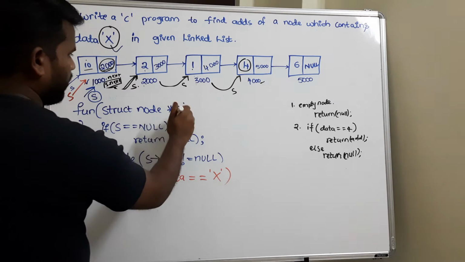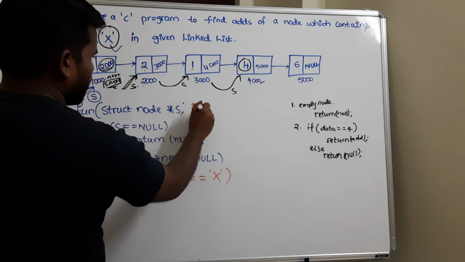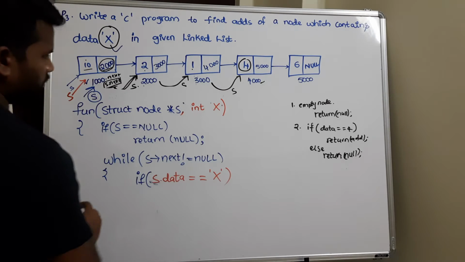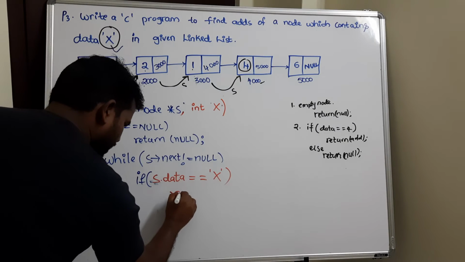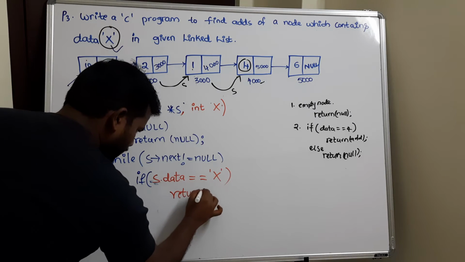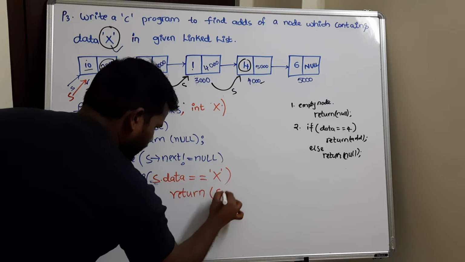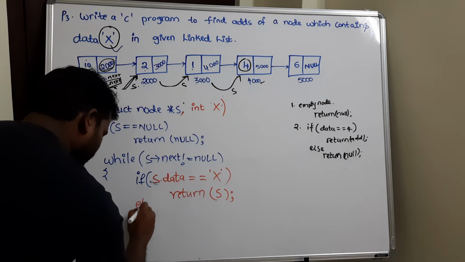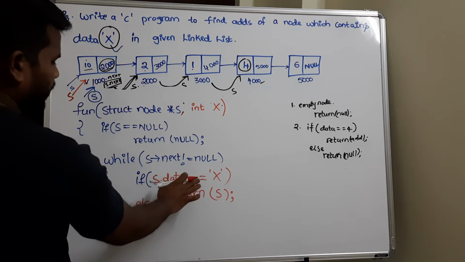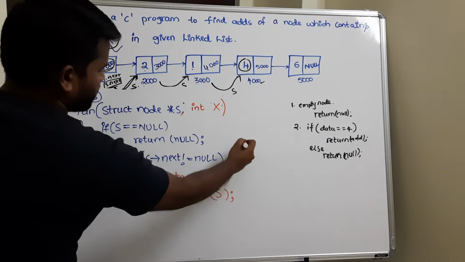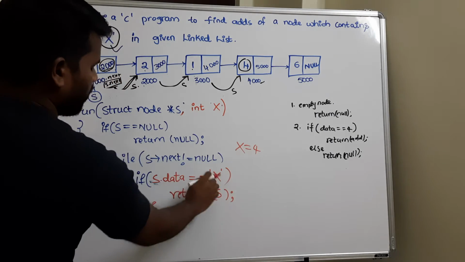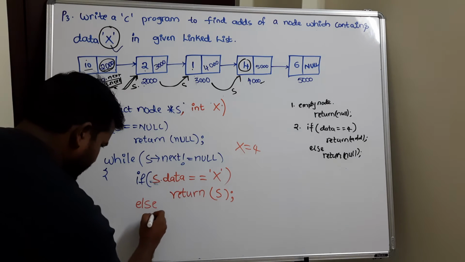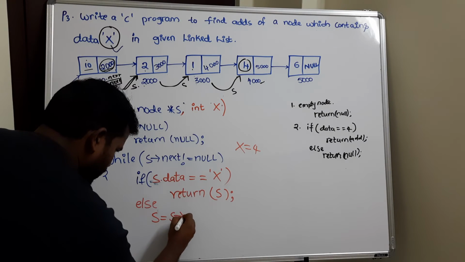So you can have that int x value. Okay, int x value. If yes, then return s, because we need to return the address of the node. Else, if we don't find x, for example say x is equal to 4 for now, and the data is 10, so we need to move further, that is s is equal to s dot next.